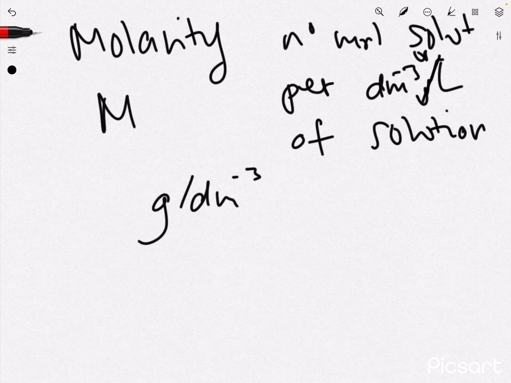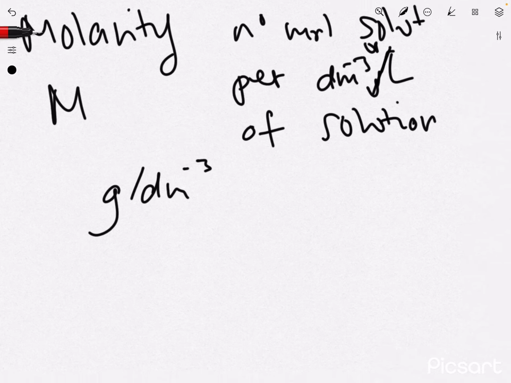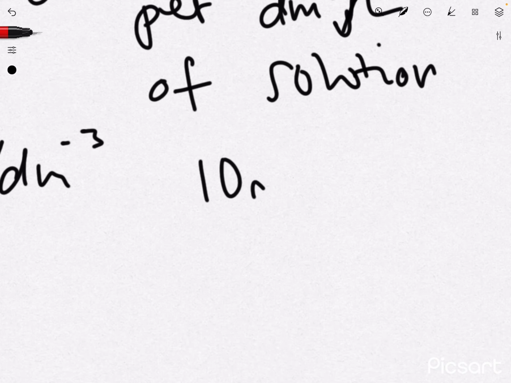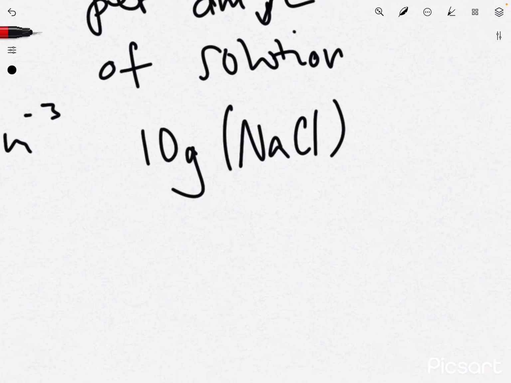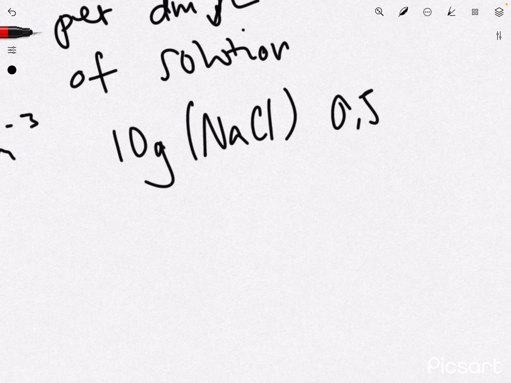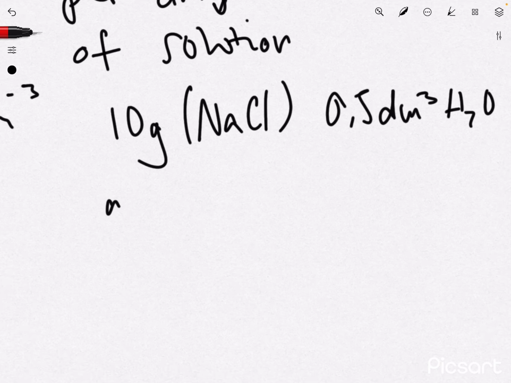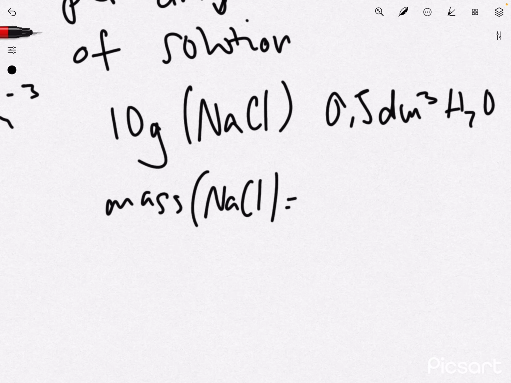So let's just get an example of what calculating molarity would look like. Say we have 10 grams of salt, NaCl, and it is in 0.5 dm3 of H2O, so it's an aqueous solution. So we know that our mass of NaCl is equal to 10 grams.